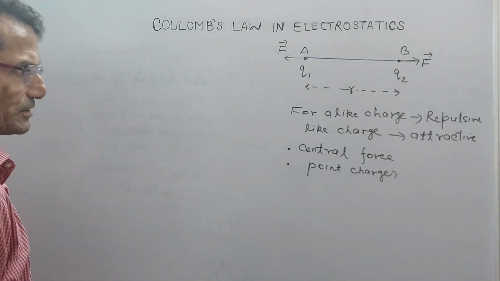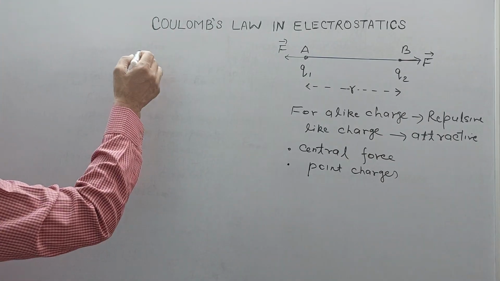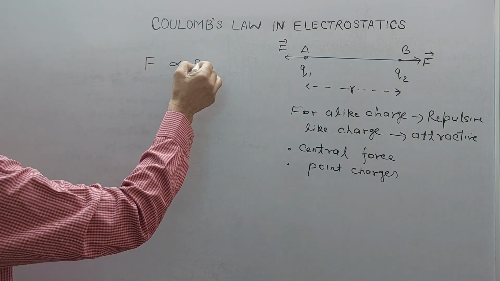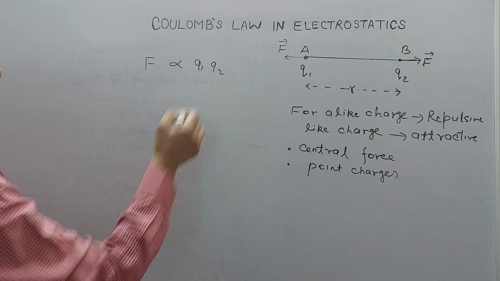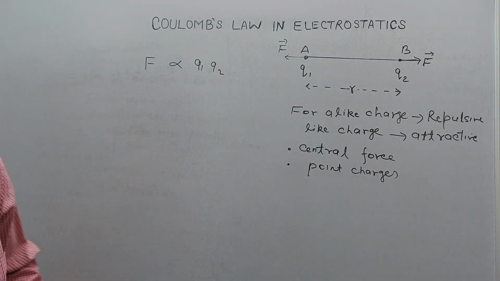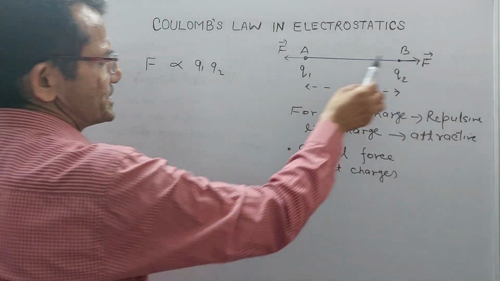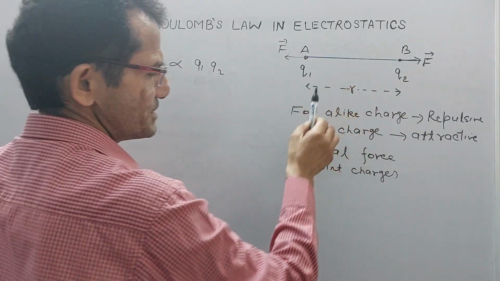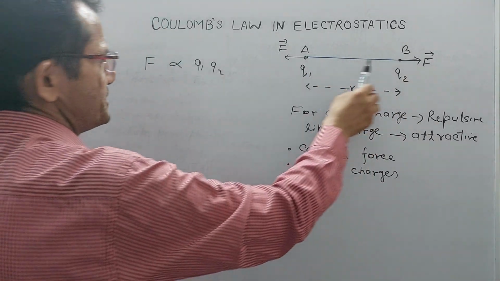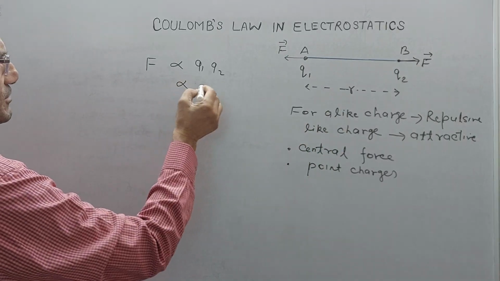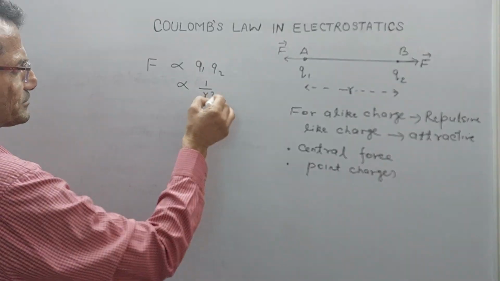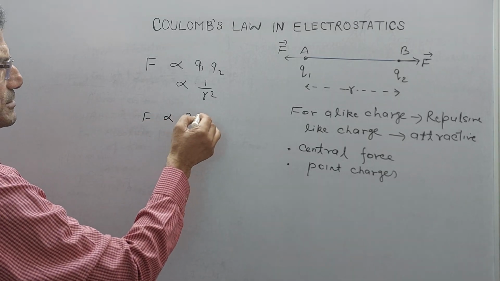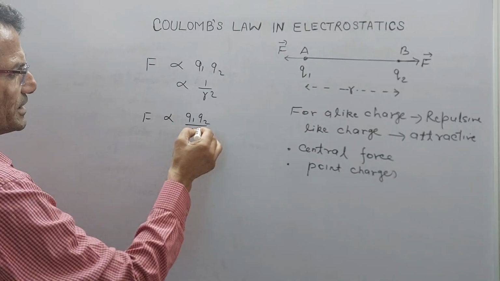According to Coulomb, this force, whether attractive or repulsive, is directly proportional to the product of the charges Q1 and Q2, and inversely proportional to the square of the distance between the two charges. It means 1 upon r square. If I combine these two, the value comes out q1 q2 divided by r square.